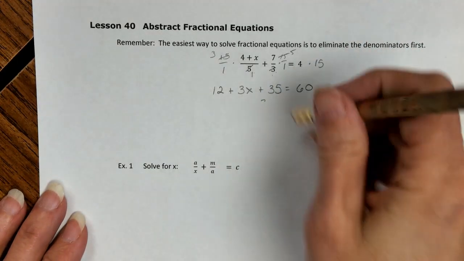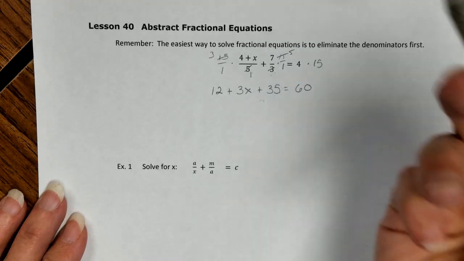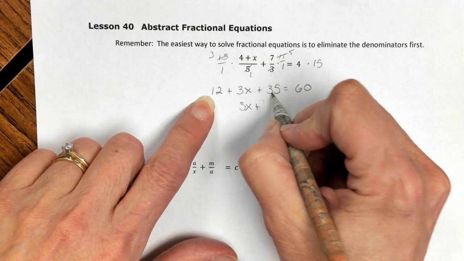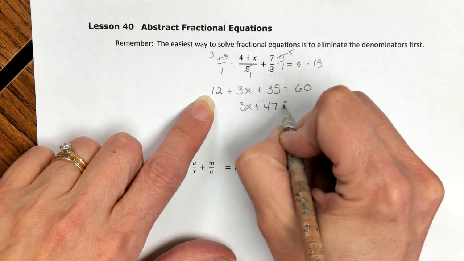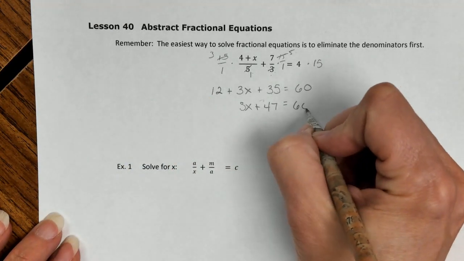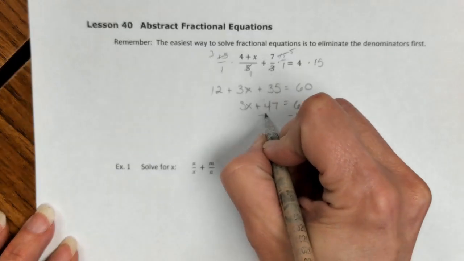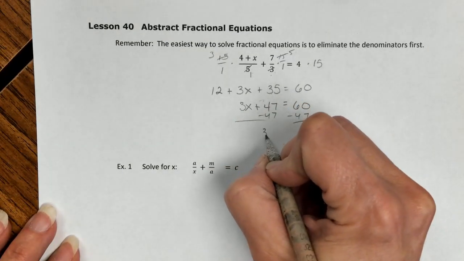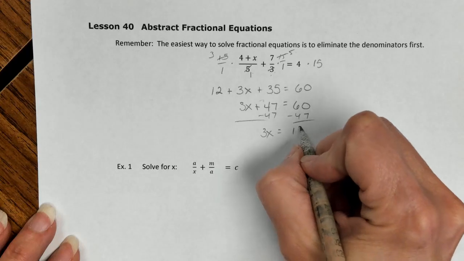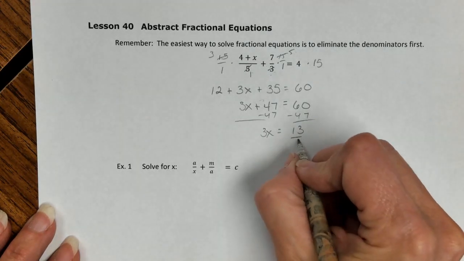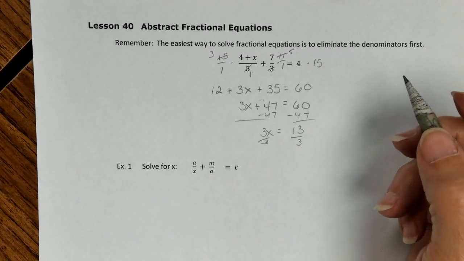So 3x plus 47 equals 60. And then we would subtract 47. So 3x equals 13. Then divide both sides by the coefficient of x, so dividing by 3. And we would get 13/3 for x.